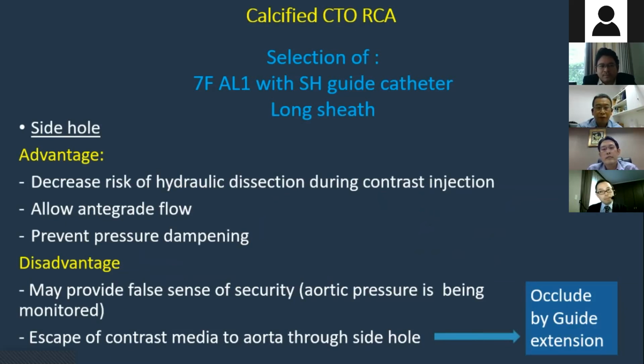And the problem is there will be an escape of the contrast media into the aorta through the side hole, and we cannot perform the OCT with the side hole, but this can be managed by occluding the side hole with the guide extension like this case.